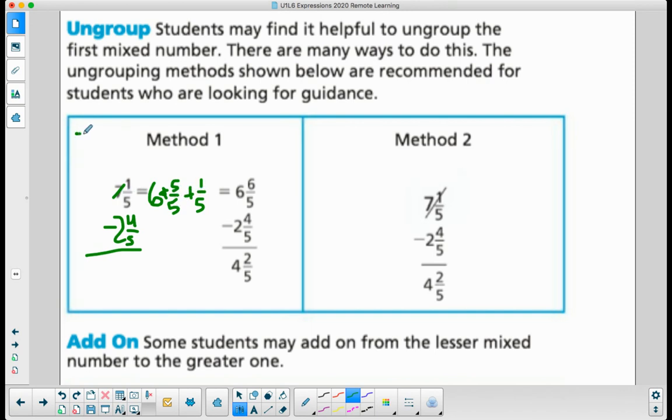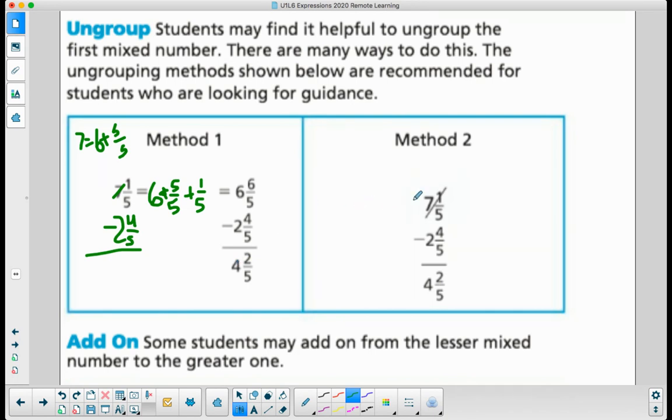Because 7 is equal to 6 plus 1 in the form of the fraction 5/5. And then I had one more fifth. Well, what is that altogether? That's 6 and 6/5. Now I have enough fifths to take 4 away. 6/5 subtract 4/5 are 2/5. 6 subtract 2 is 4.